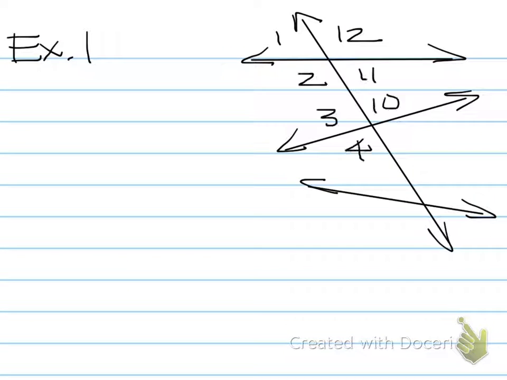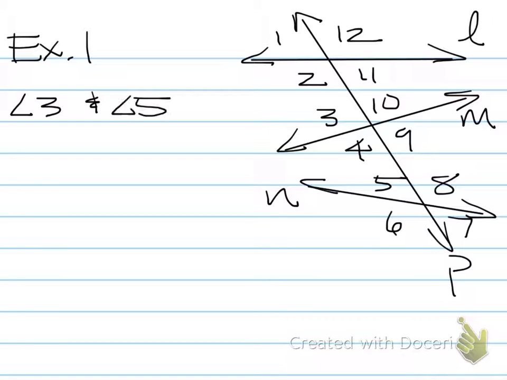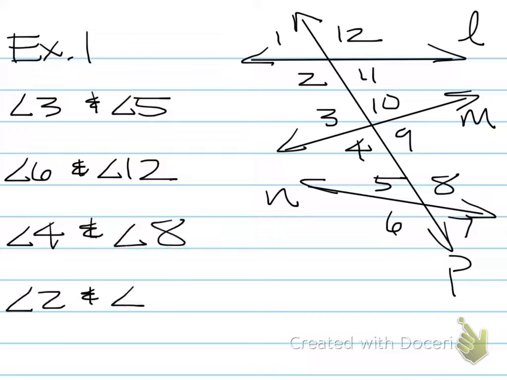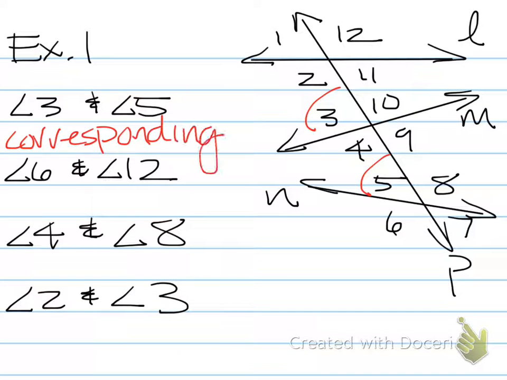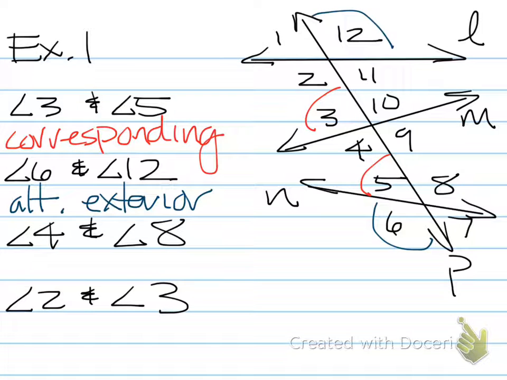In this first example, we want to identify the types of angles that are formed, starting with angles 3 and 5. Angle 3 and 5, they're on the same side of the transversal. One is interior, one is exterior, so they're corresponding angles. Angles 6 and 12, they are on alternate sides of the transversal, and they're both exterior, so they would be alternate exterior angles.